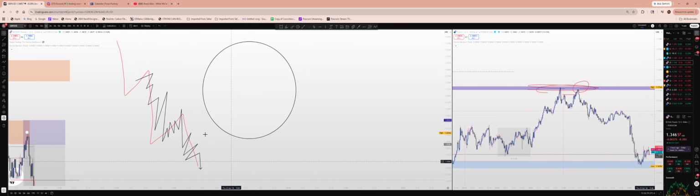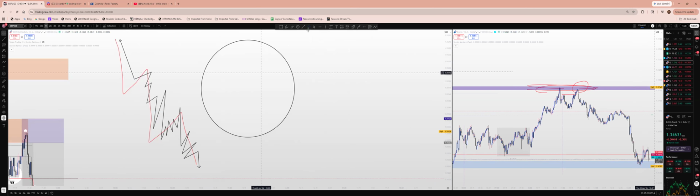The black lines indicate your structure on M15. The red line indicates the structure of H4, H1, daily, something higher, something like 4-hour, daily. But I use the 1 hour as well. So the red one is the high time frame.